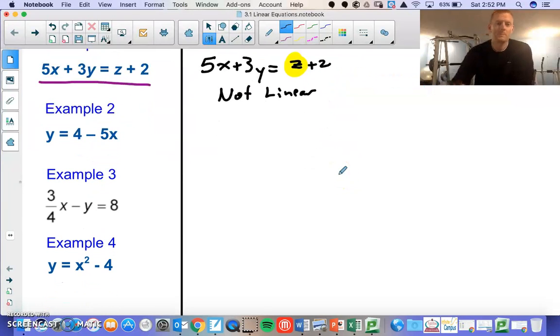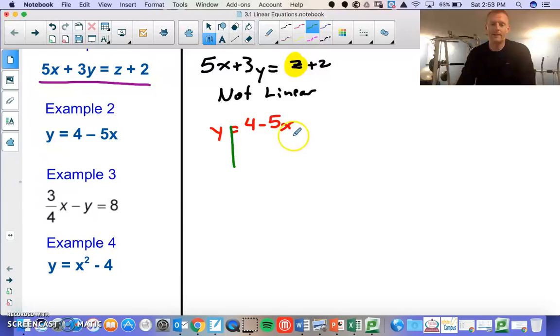Example 2. I'll go red this time. We have the equation y equals 4 minus 5x. Because this has an x, a y, and a regular number, we know that this is something we can put into standard form. It is going to be a linear equation. So we just have to get the x and the y by themselves on one side.